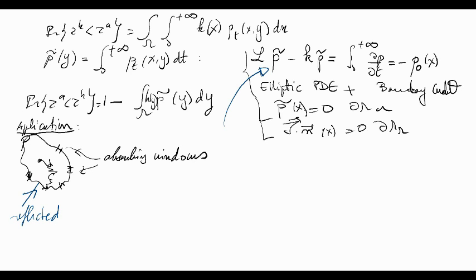So basically, for example, for pure diffusion, the equation reduces to D Laplacian p tilde minus k p tilde equals, let's say, minus the initial density, with the boundary conditions.